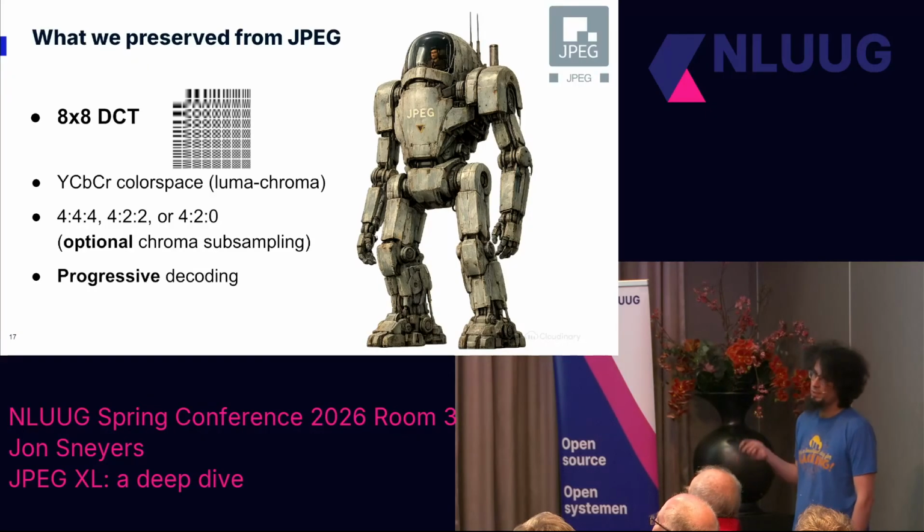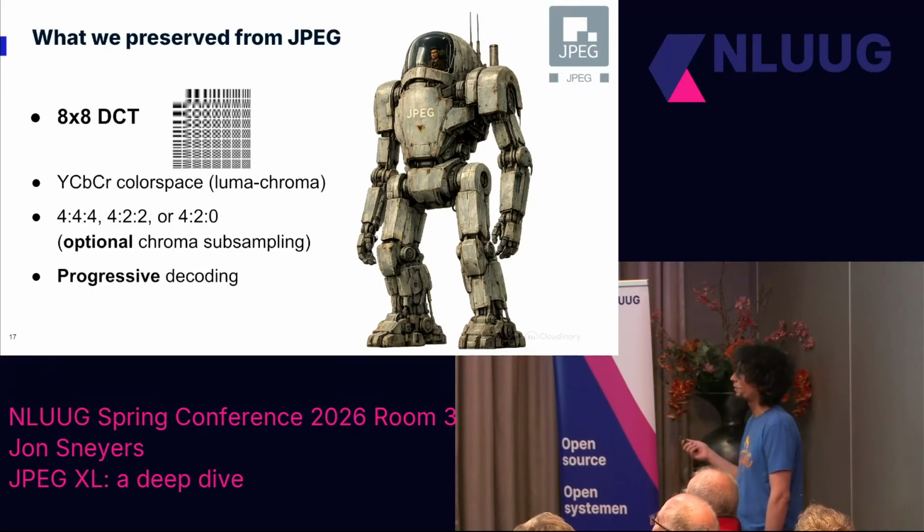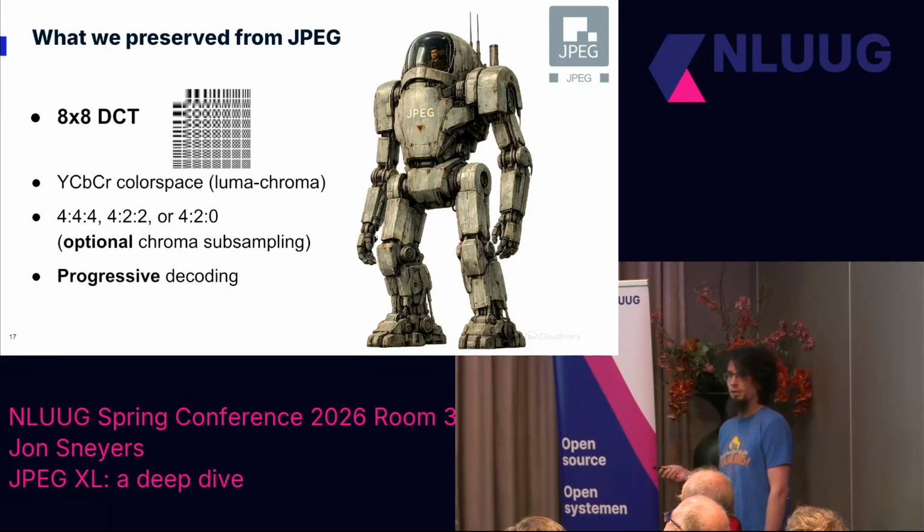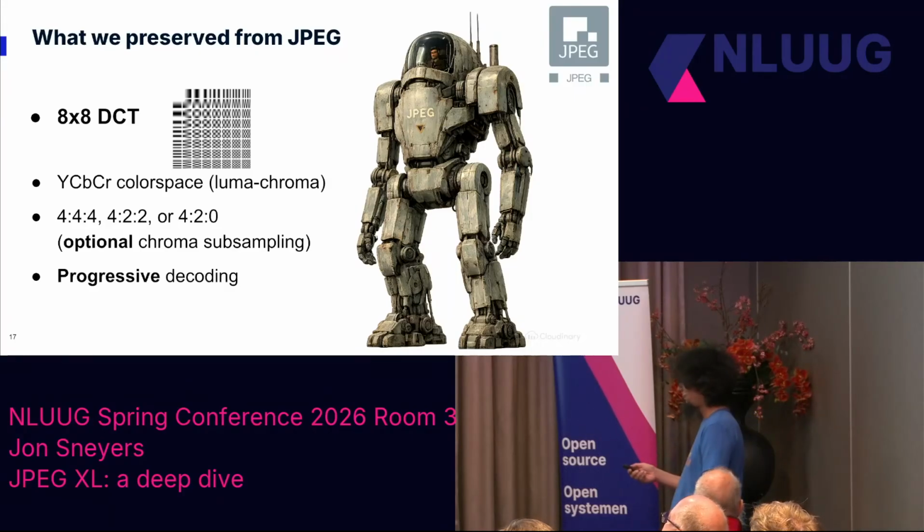So we still have the DCT transform, 8x8 blocks. We can still do the YCbCr color space, which is translating RGB to luma and chroma, with chroma subsampling optionally. We still have progressive decoding. So we have a lot of features from the old JPEG that are still there in JPEG XL.